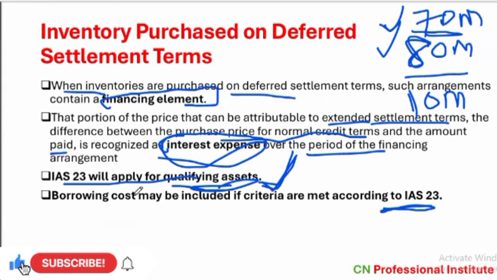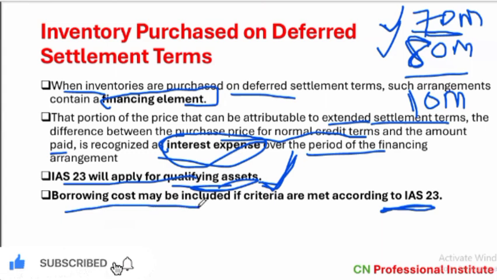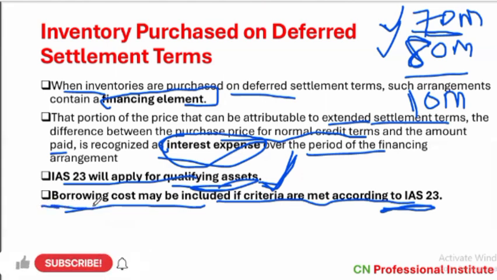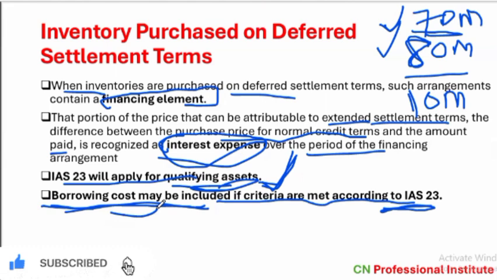Other than that, such interest will be expensed, right? So if you purchase or manufacture inventory and that inventory is a qualifying asset, it takes a substantial period to make it ready, then we apply IAS 23 and the interest on it will not be expensed, but accounted for in accordance with IAS 23.